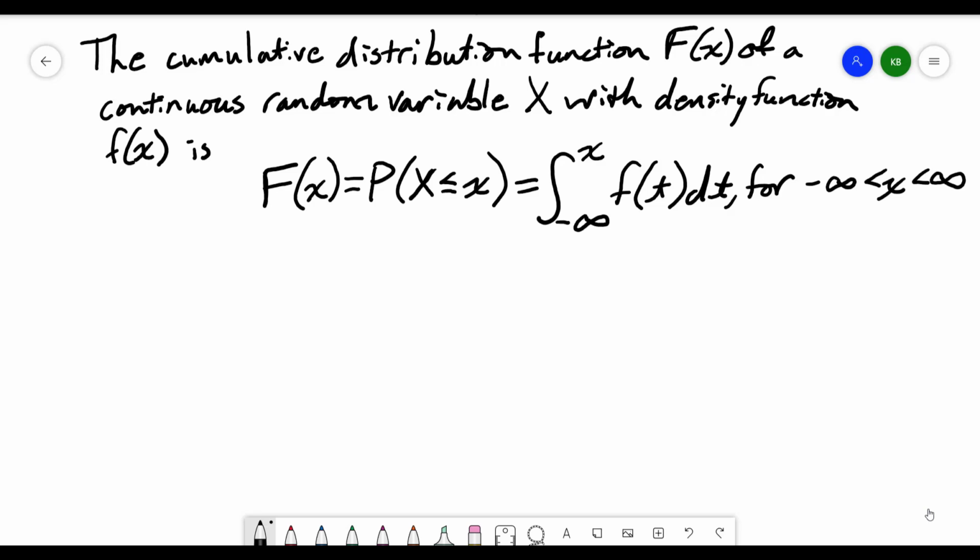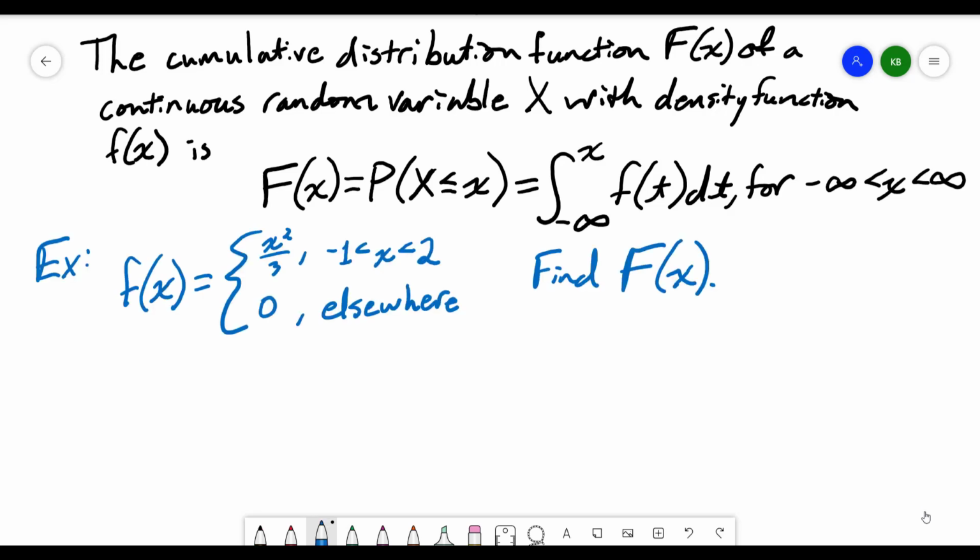What this is going to tell us is the probability that our random variable takes on a value up to x, that it's less than or equal to some value x. And to find this, we take the integral from -∞ to our value x of our density function, f of t dt. And we can do this for any real number x.